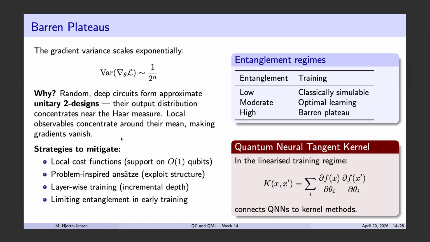This is actually a problem with the training of quantum neural networks. This is an ongoing research problem about barren plateaus. For those of you who took a course in machine learning, you may have encountered the topic of vanishing or exploding gradients. This is not so far away from that.